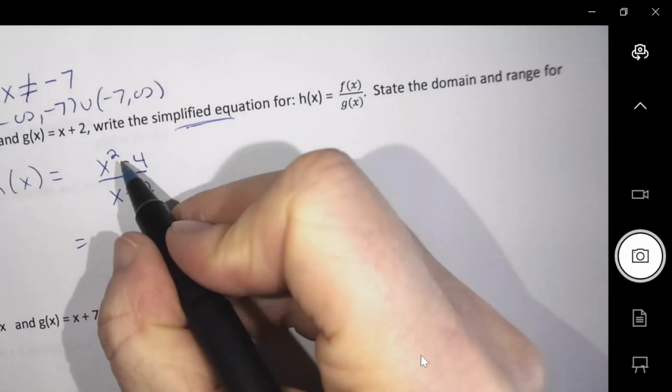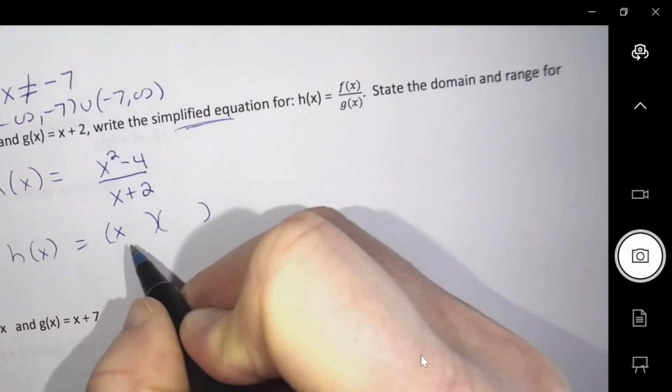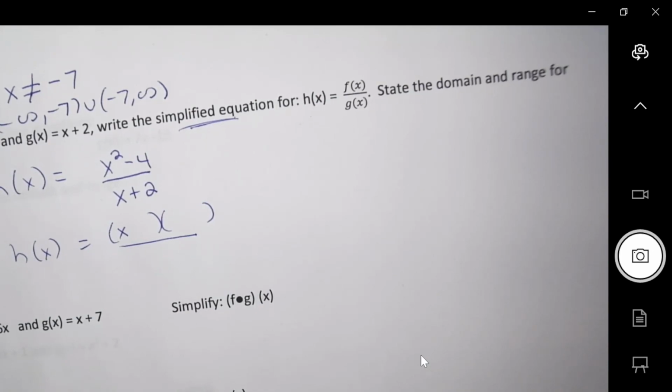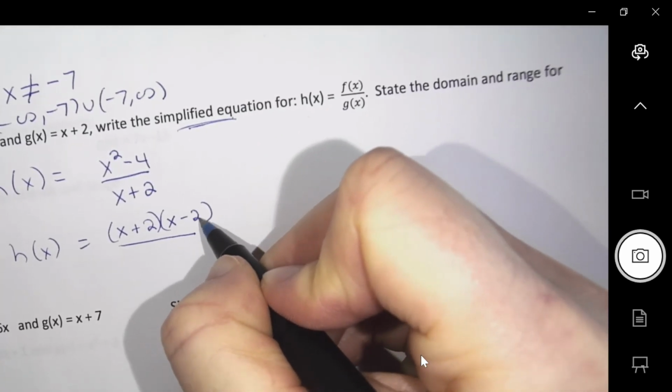We could factor the top. How do you factor that top? Which style is that one? Difference of squares.